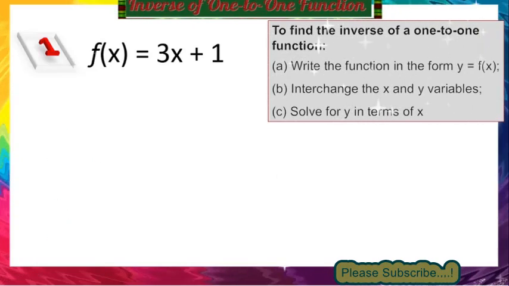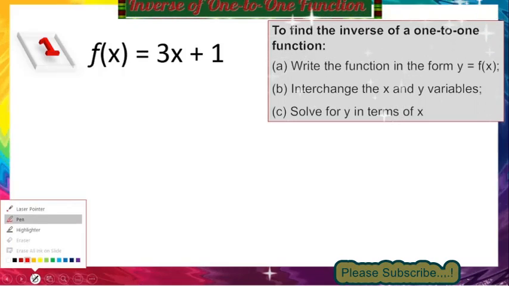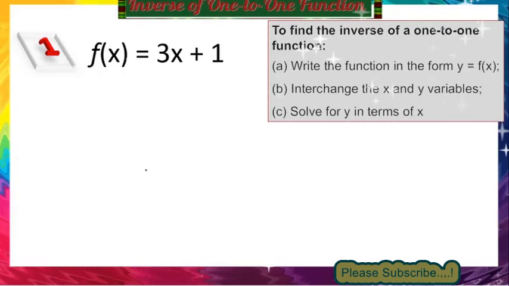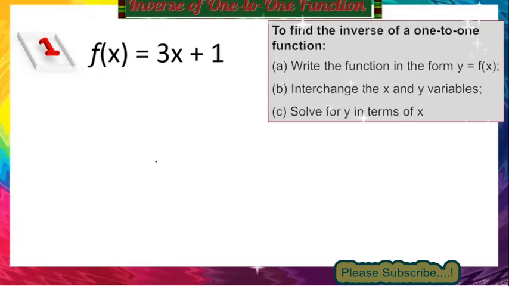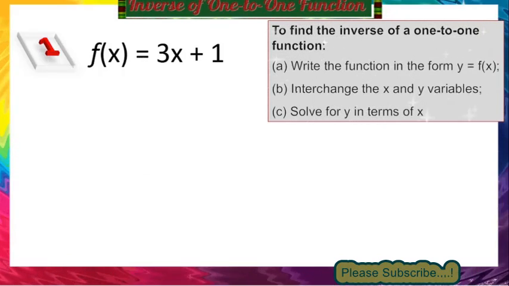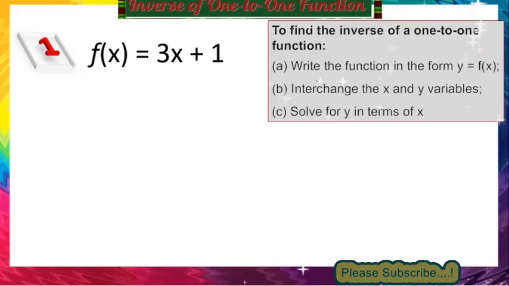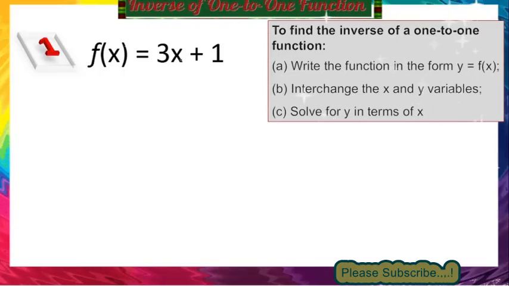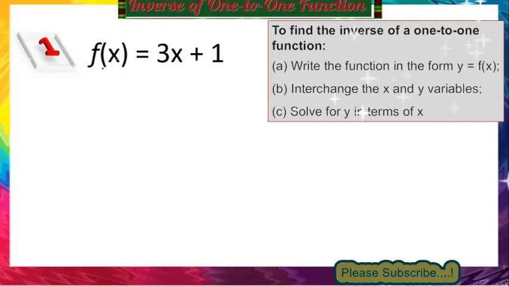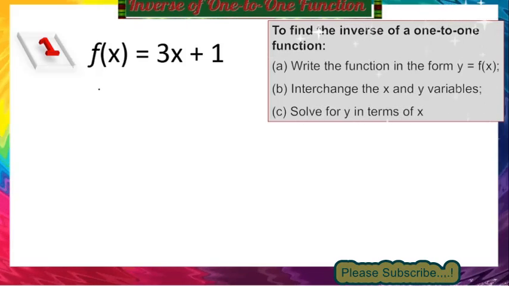The first example is f of x equals 3x plus 1. The steps say that we have to write this in the form y equals f of x, so we will just change this f of x into y.